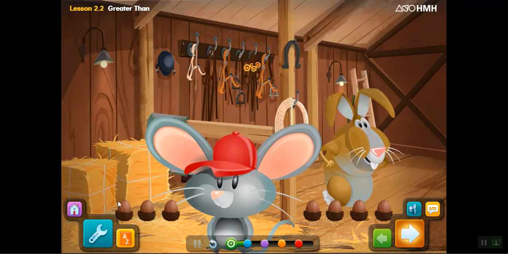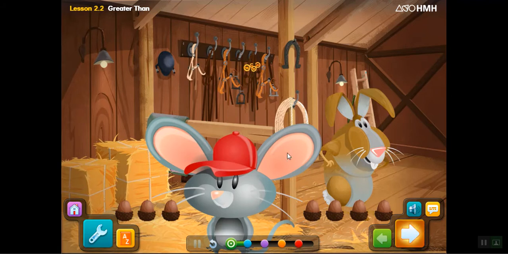All right, so Mr. Mouse had 2 sets of acorns for us. The first set has 1, 2, 3. The second set has 1, 2, 3, 4. He wants to know which set is greater. Which set has more? Is 3 more than 4?